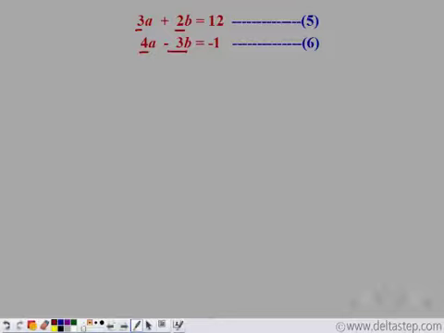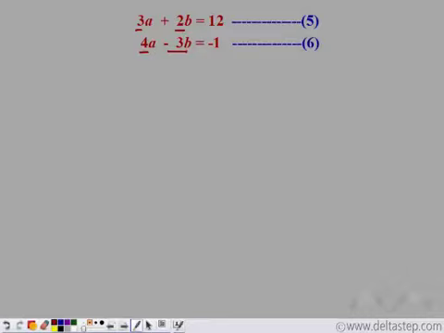So we need to transform these equations so as to get the same numerical part of any one of the variables so that we can eliminate it. Since 2 and 3 are smaller numbers than 3 and 4, let us eliminate b. Now, in order to eliminate b, first let us consider the LCM of 2 and 3.